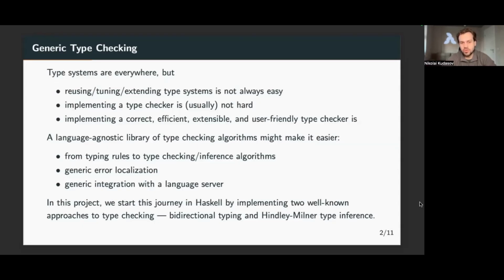We believe that such tooling for prototyping type systems is possible, and in this project we simply start by working with the two well-studied approaches to type checking, which is bidirectional typing and Hindley-Milner-style type inference.